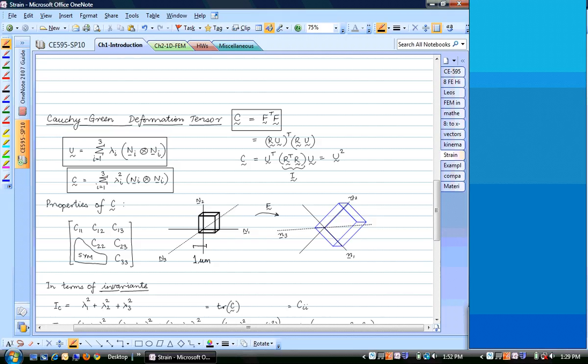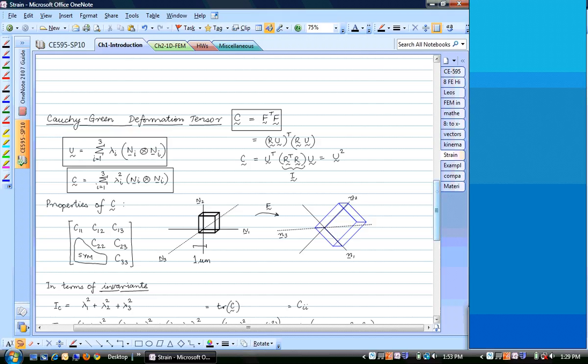The effect of F and the effect of U and C is that if you have unit sides in the undeformed configuration, it is going to stretch and rotate them, and finally produce a cuboid. And all these angles are still going to be 90 degrees. You start with a cube and it produces a cuboid because we are considering this cube along these principal N1, N2, N3 directions. So it produces a pure cuboid.